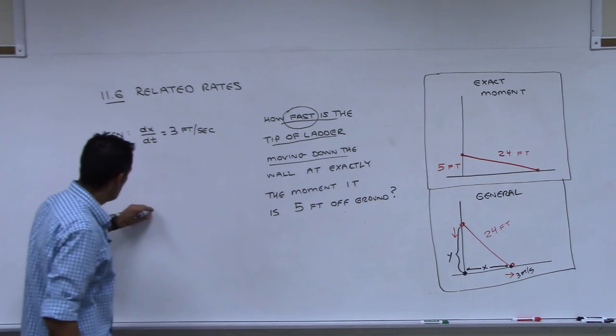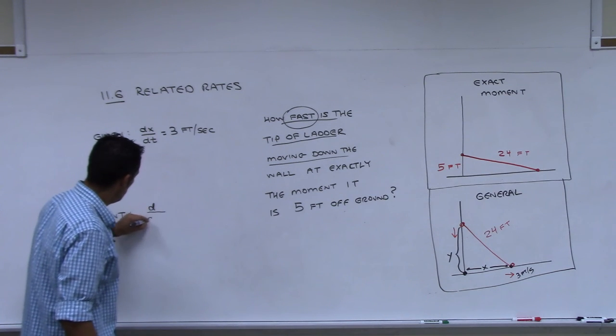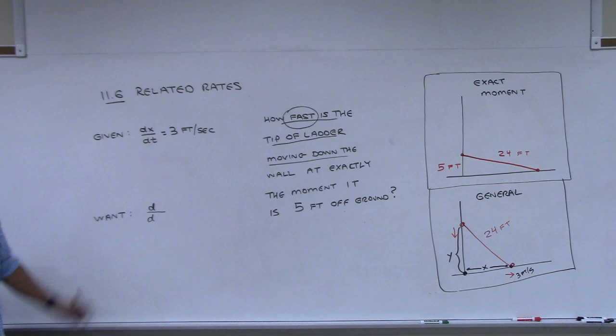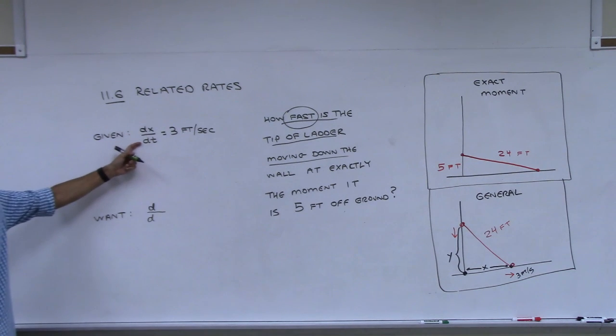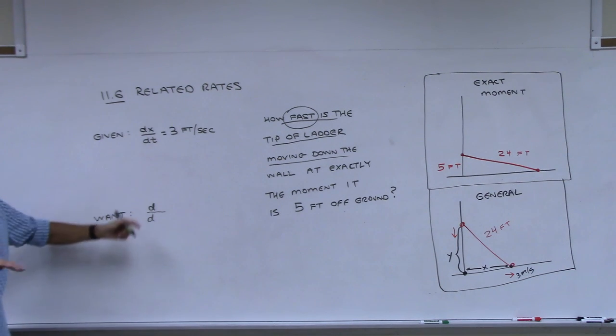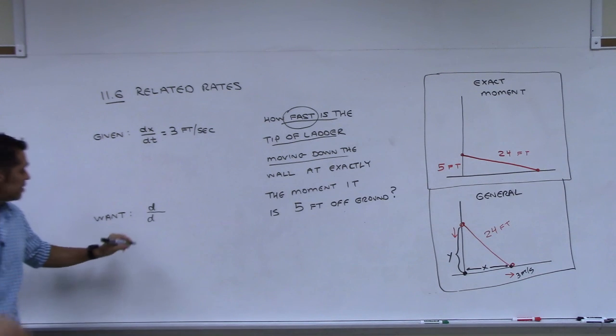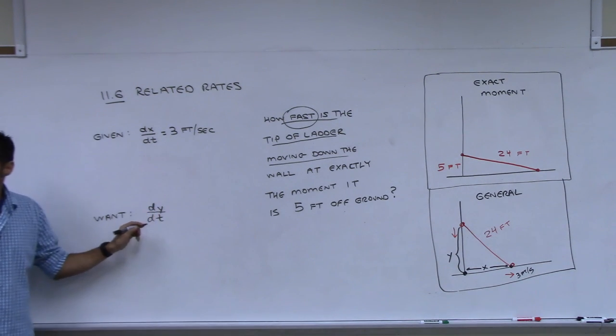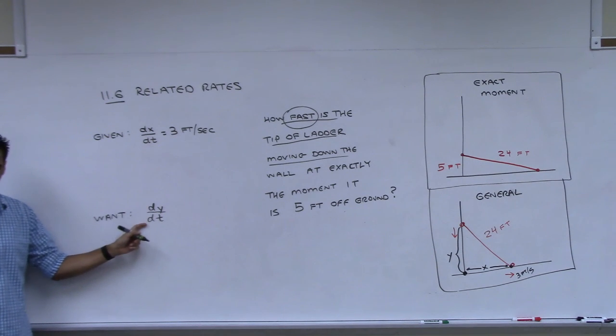It's the change in what over what. We're given the change in x over time, right? What we want to know is the change in y over time. How fast is y changing with respect to time is what we want to know.